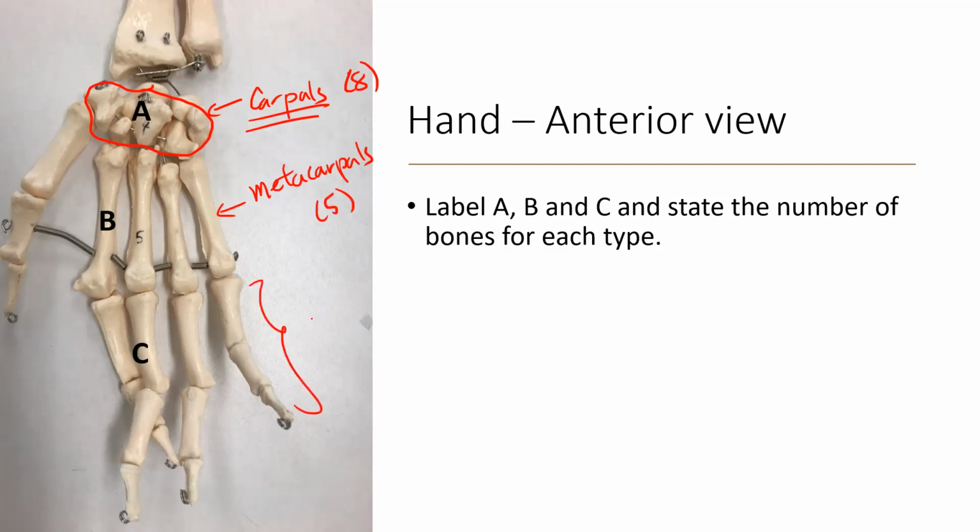And then these ones, the phalanges. 14, sorry. 3 for each of the 4 fingers, and then 2 for your thumb. So 1, 2, 3, 4, 5, 6, 7, 8, and so on. 14 in total. Phalanges.